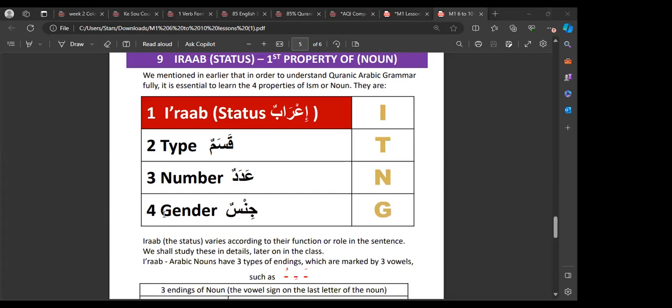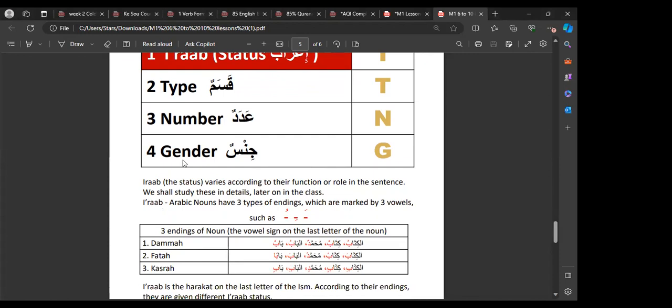Ismun that ends with Dhamma is marfu. Ismun that ends with Fatha is mansub. Ismun that ends with Kasra is jar, is majroor. Good. Very correct. Just one more thing: this is a terminology grammarians have come up with. So we're just teaching what scholars have put together, as we touched on in the introductory lesson.